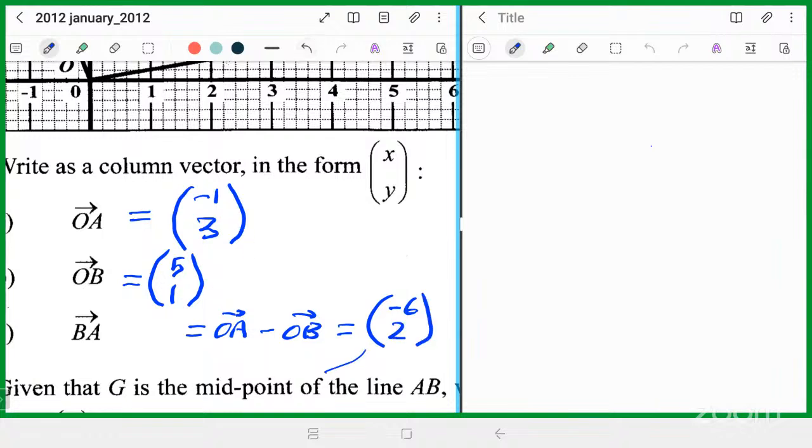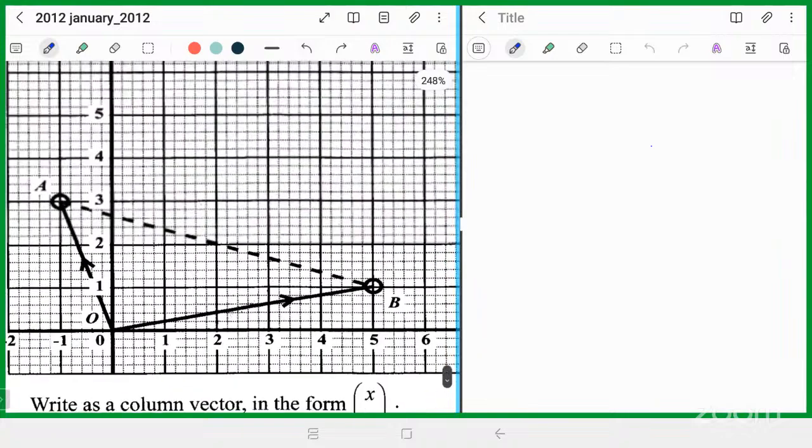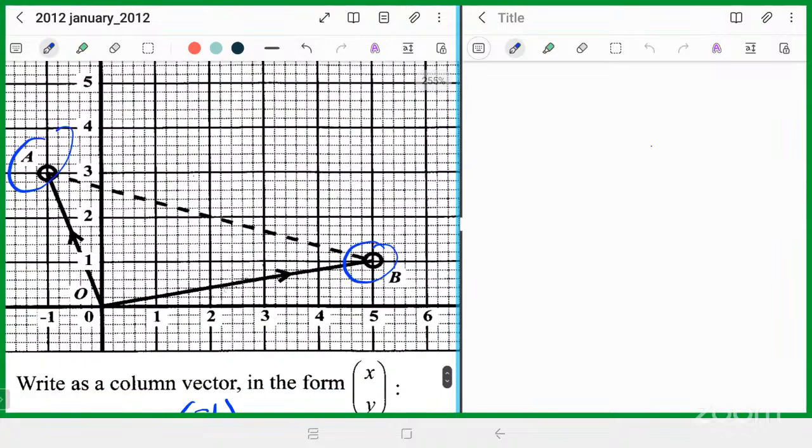We can check this on the diagram now. This means to go from B to A, we have to go 6 to the left and 2 up. That's what the vector is. So we can just check it on the diagram to make sure it is correct. We're going from B to A, because it's BA we're finding.